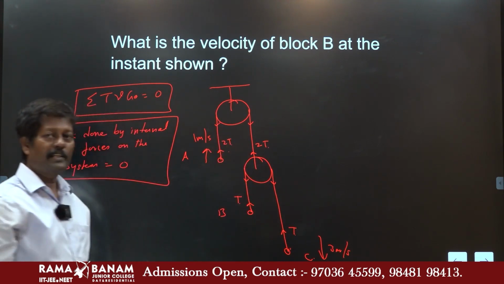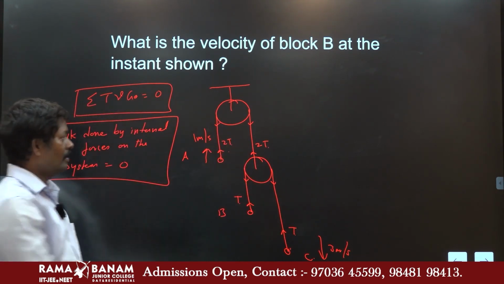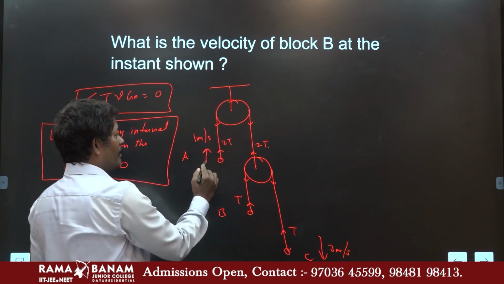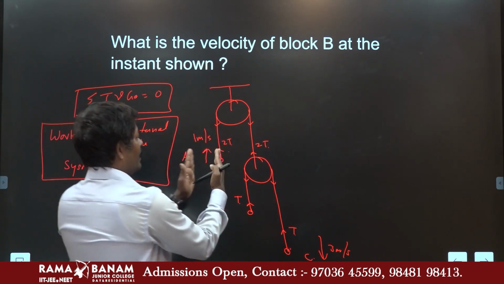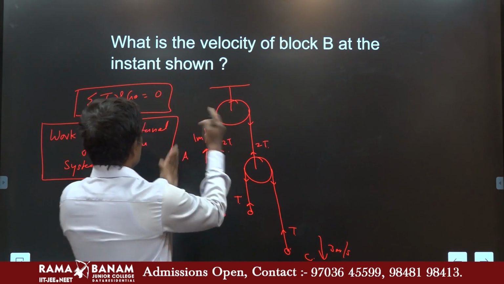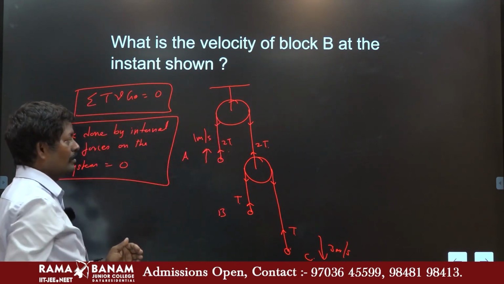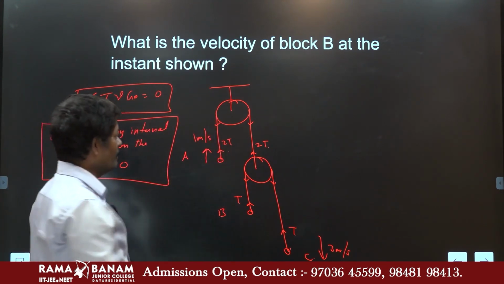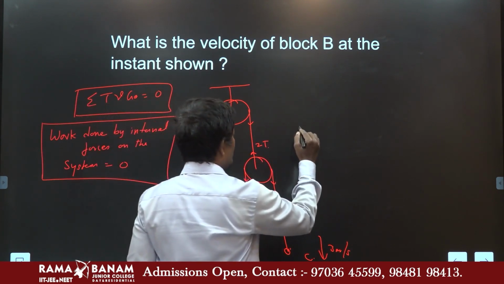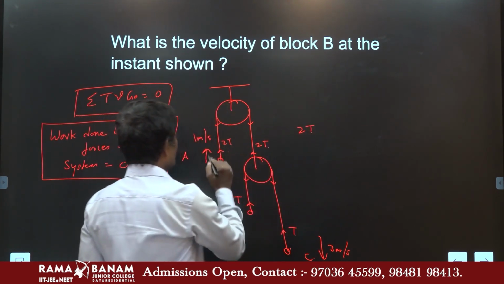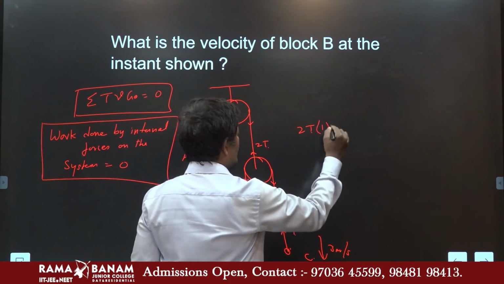Now work done by the internal force on the system will be 0. 2T is upward, 1 meter per second upward. Angle between them is 0. So TV cos 0. Cos 0 is 1. So T is 2T, V is 1, cos 0 is 1.